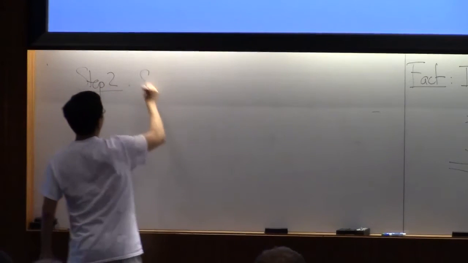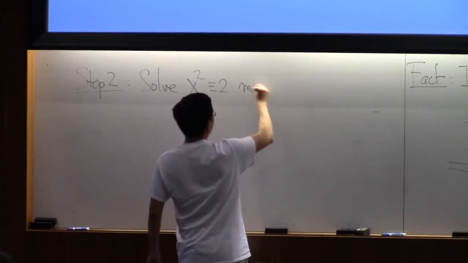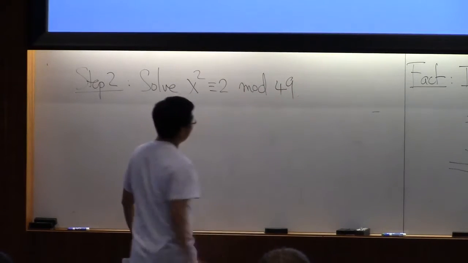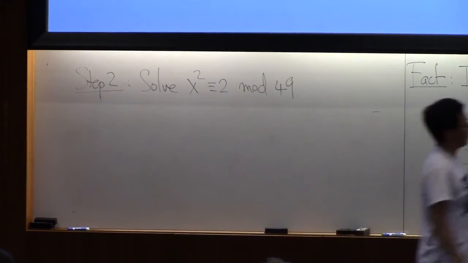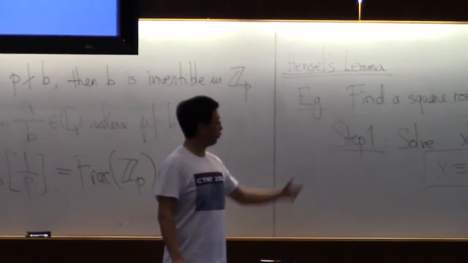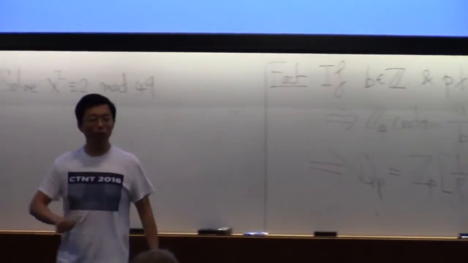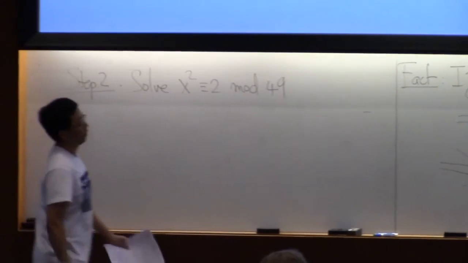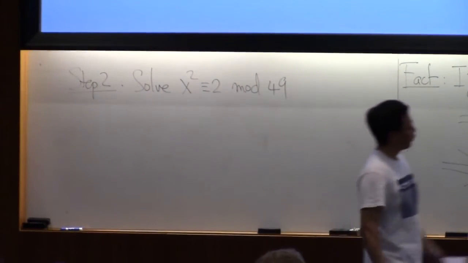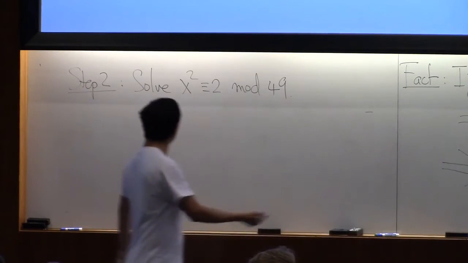Step 2: I want to solve x squared congruent to 2 mod 49. This is a lot harder than solving mod 7, because mod 7 you can just enumerate. So go from x equals 0, 1, 2, 3 all the way to 6 and check the square of which one is congruent to 2. And for 49, that's going to take a lot more time. So we don't do that. What do we know? We know that x is congruent to 3 mod 7, so we'll use that fact.